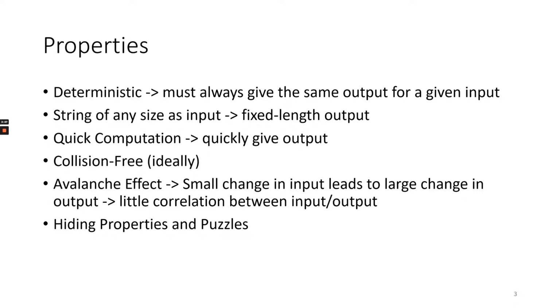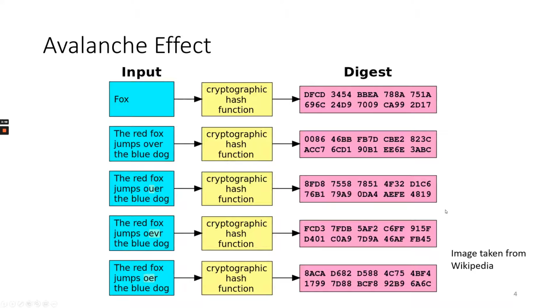What this essentially means, and again we'll see this shortly, is that small changes in the input should give us large changes in the output. We would also like our hash functions to contain what we call hiding properties, and we would also like these hash functions to be amenable to puzzles. So we'll visit many of these properties at length now. If you're confused now, we'll deal with it shortly.